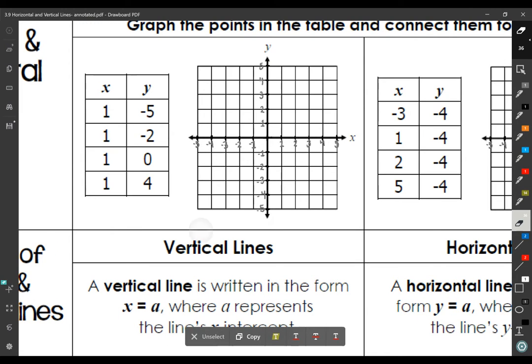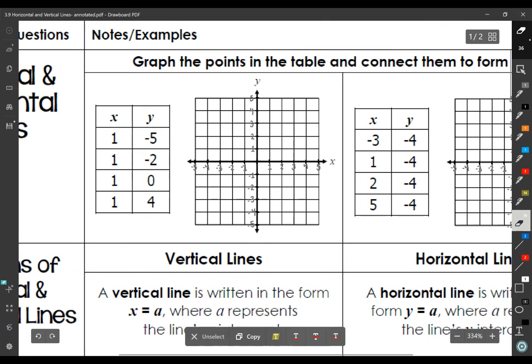Okay, so first thing we're going to do is graph these points in the table. We're going to graph each and every one of these points. My first point is at 1, -5. So 1, -5 is right here. That's my first point.